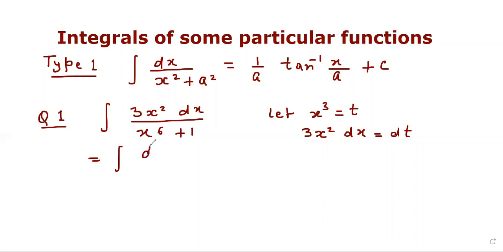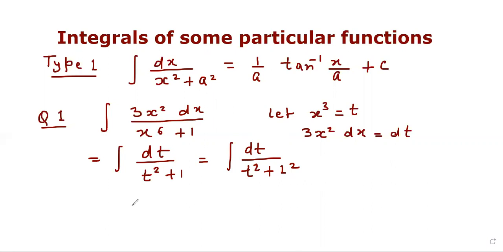It will become dt upon t square plus 1. It is of this form where a equal to 1.